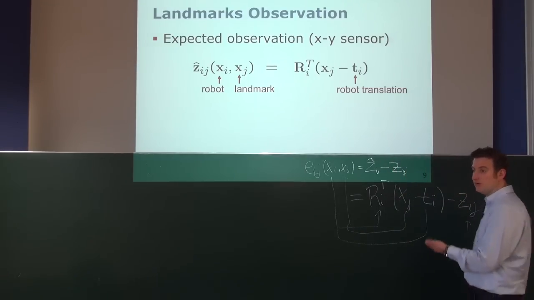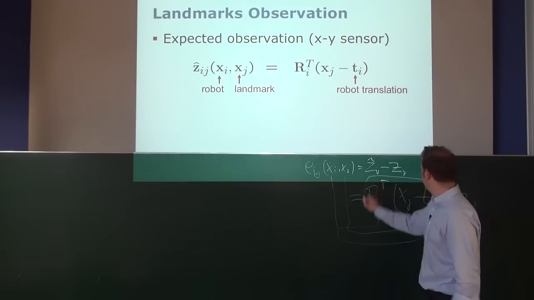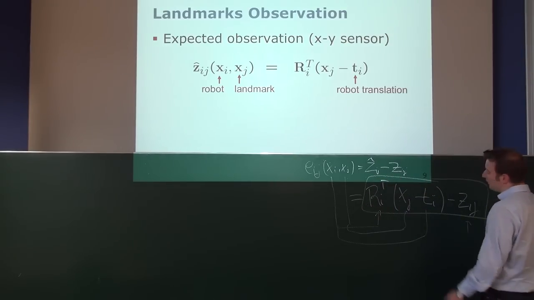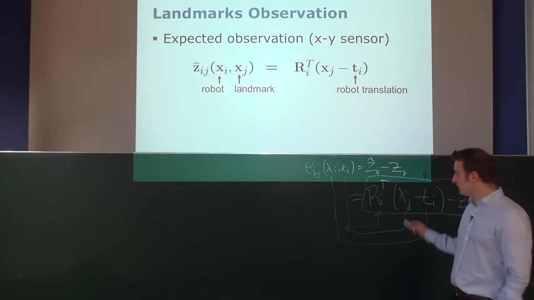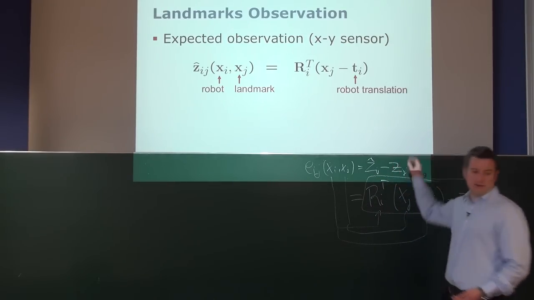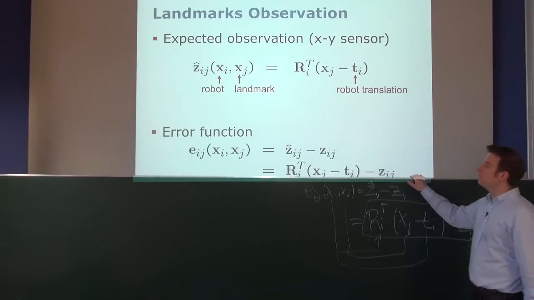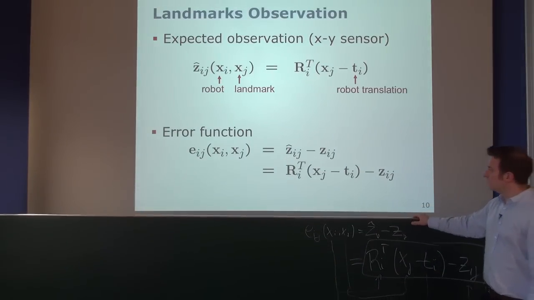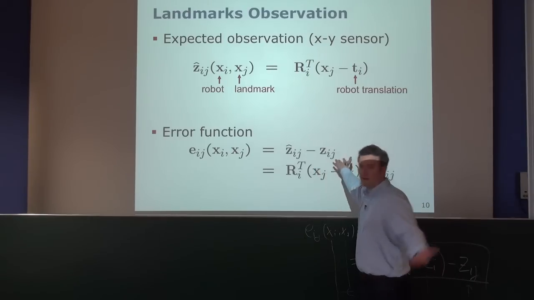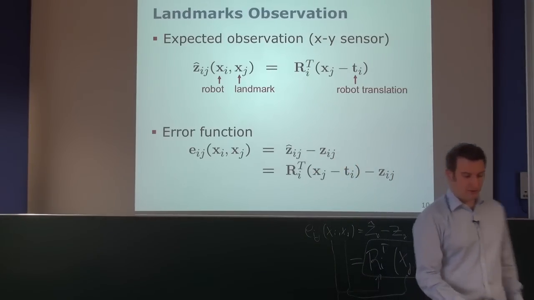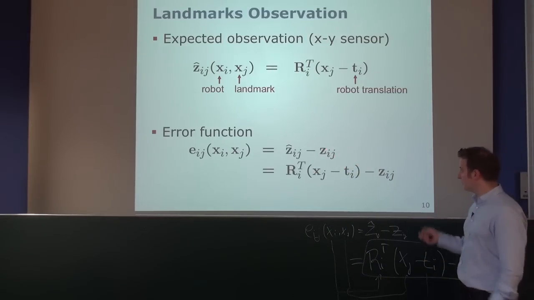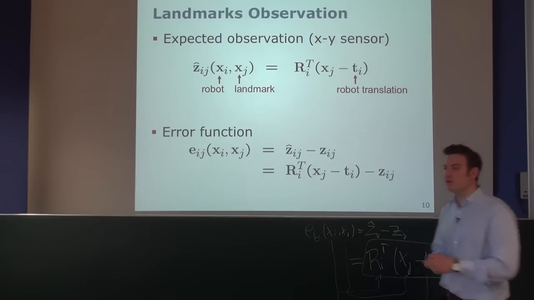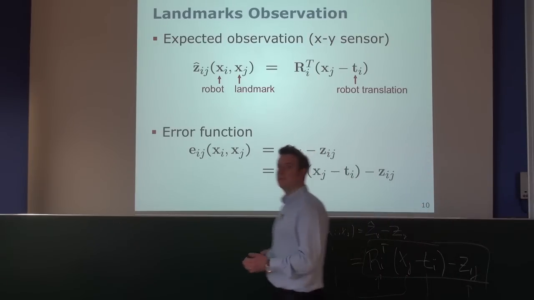So all the terms are given. So this is the expression that I'm trying to minimize. This is my error function in this case. So it's the expected observation minus the observation that I obtained, and this is directly formulated like this. Okay.